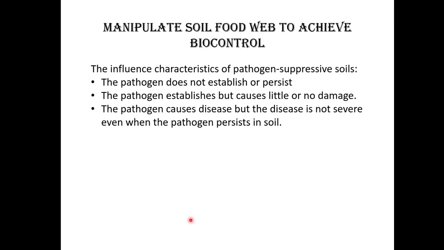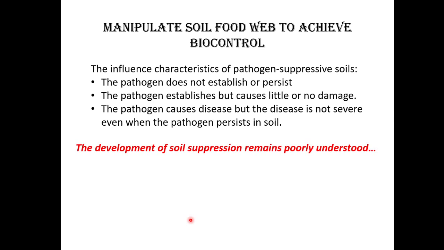Their influence is observed in pathogen-suppressive soils, which could have the following characteristics. First, the pathogen does not establish or persist. Second, the pathogen establishes but causes little or no damage, or the pathogen causes disease but the disease is not severe even when the pathogen persists in the soil.